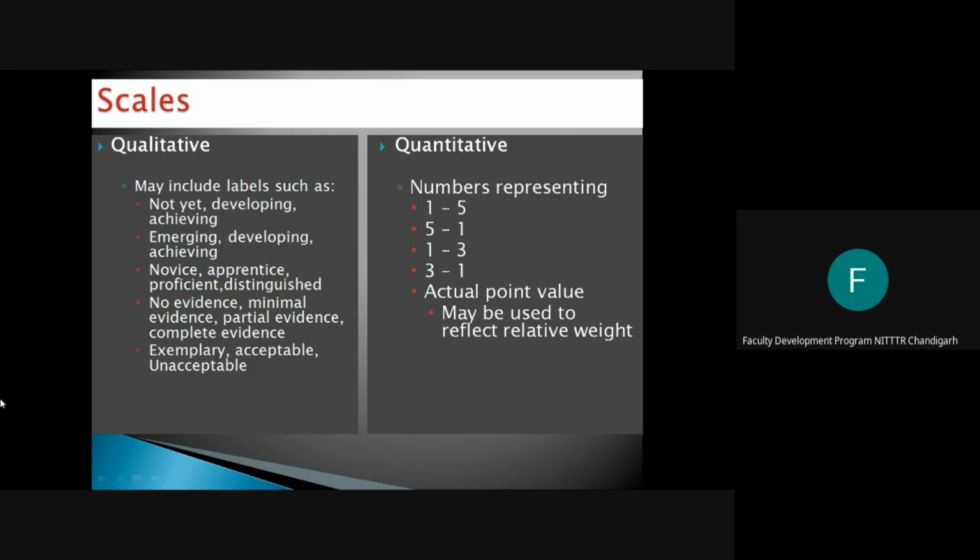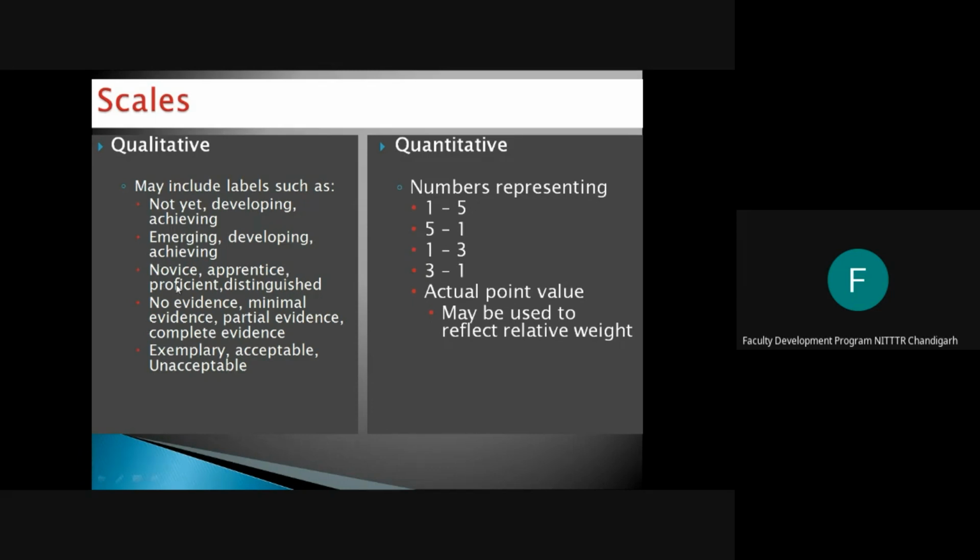Another scale you can use is, and these are all qualitative scales, emerging, developing, achieving. So what is the difference between the two scales? In the first scale I said not yet, developing, achieving, whereas in the second scale I'm saying emerging, developing, and achieving.